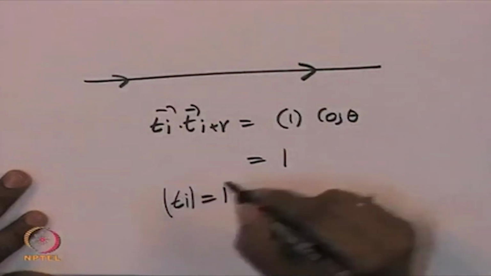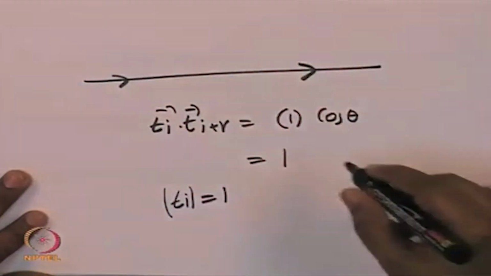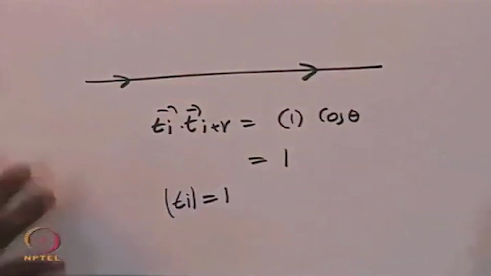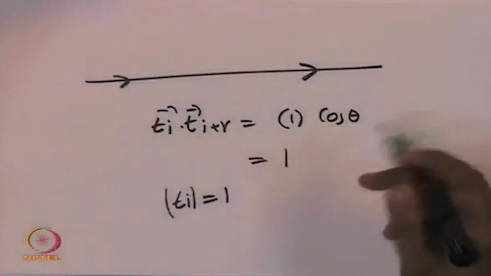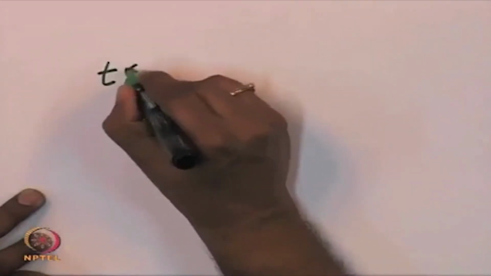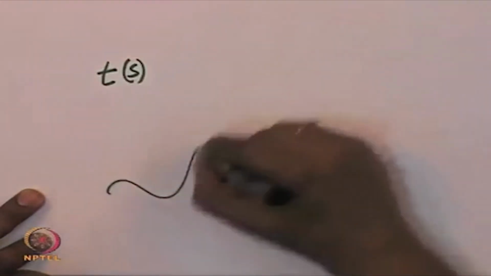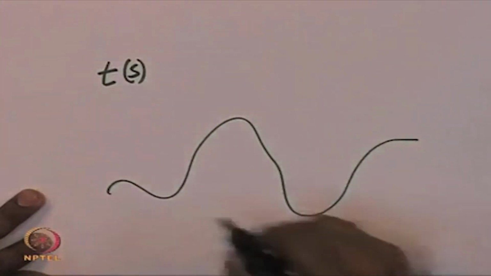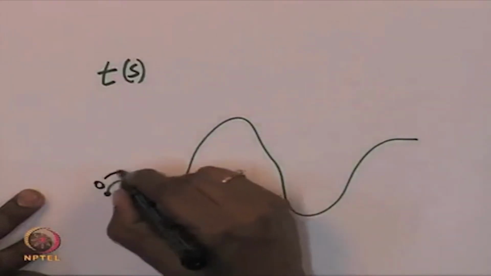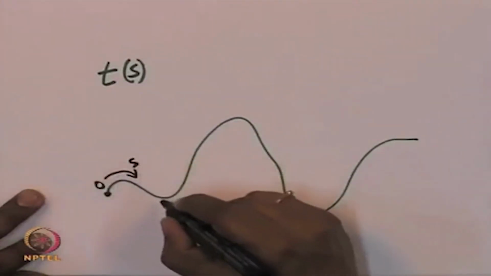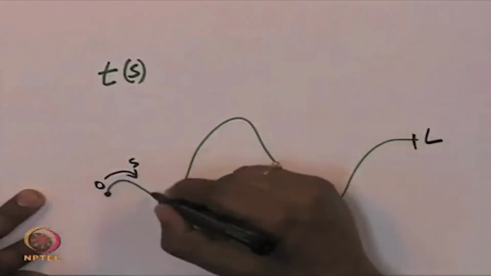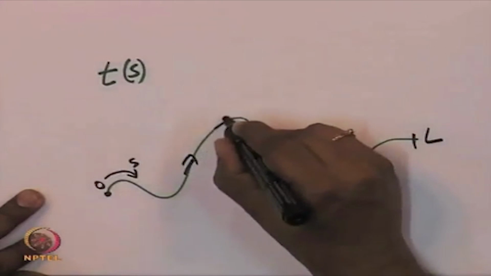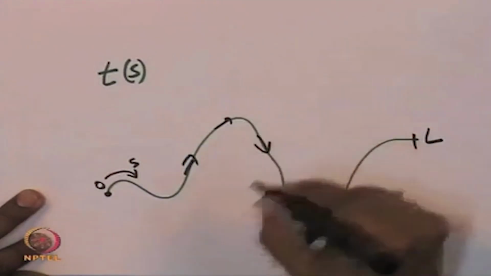On the other hand, if they are bent, this will turn out to be not 1, it will be smaller than 1. So, you can write this T I dot T I plus r in the continuum fashion, and take any tangent at a distance. Think about it as a continuous line and take this variable S, the length along this contour from 0 to L. This length along the contour is called arc length.